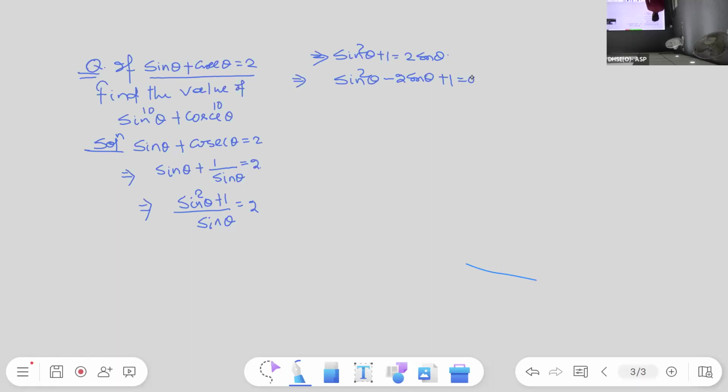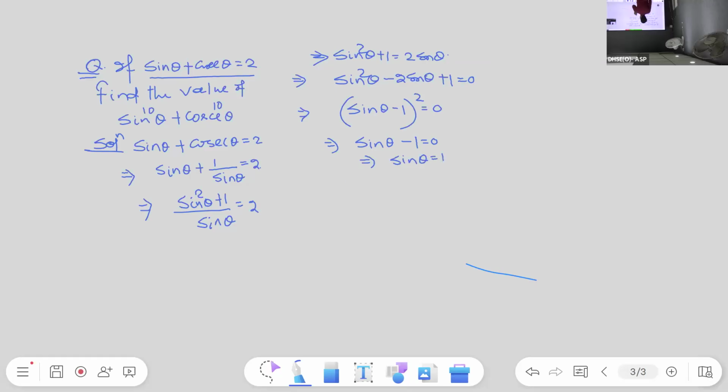Using the expression a square plus b square minus 2ab, which is equal to a minus b whole square, we can write sin theta minus 1 whole square is equal to 0. This implies sin theta minus 1 is equal to 0, so sin theta is equal to 1.